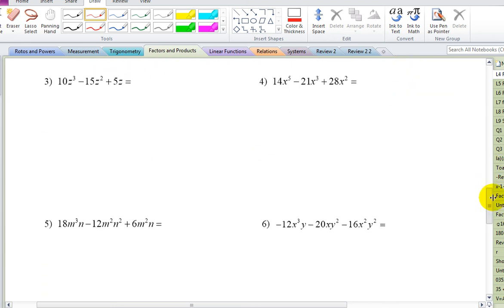Okay, next one. What's your GCF? Nope. 5Z. Okay? So 5Z goes outside your brackets, and what's your remainder inside? Go. Okay, what is it, Haley?